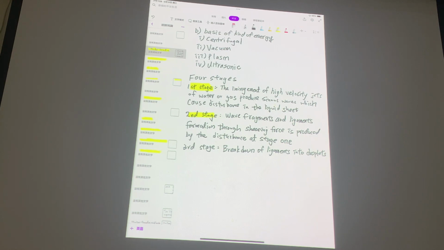If you want to get a regular particle shape, what you do is you have a high surface tension and low cooling rate.